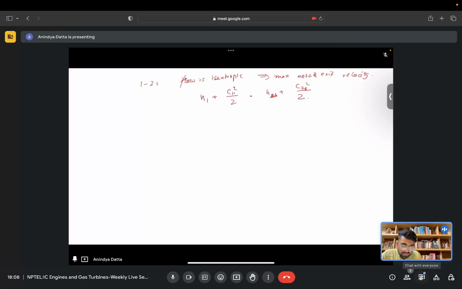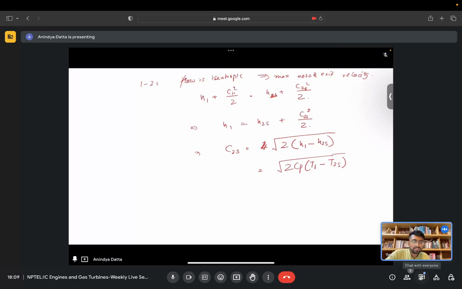Now C1 square is approximately equal to 0, so H1 equals H2s plus C2s square by 2, which gives C2s equal to square root of 2 times (H1 minus H2s). With constant specific heat, it is square root of 2 Cp times (T1 minus T2s). On the right hand side we know Cp and T1, we need to find T2s, which is the temperature at the exit of the nozzle if the flow is isentropic.